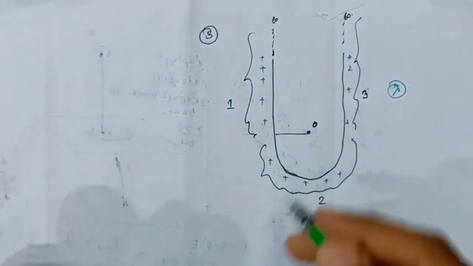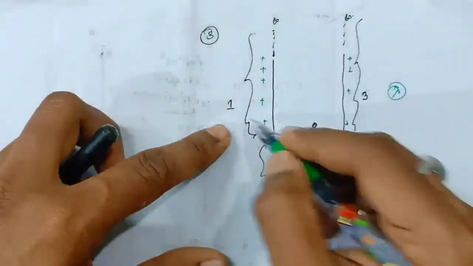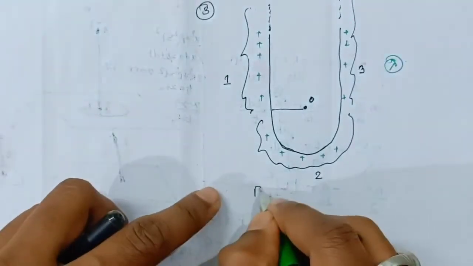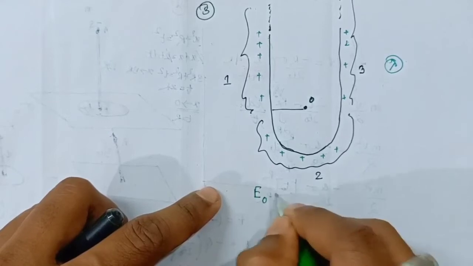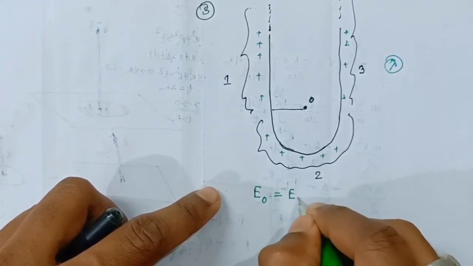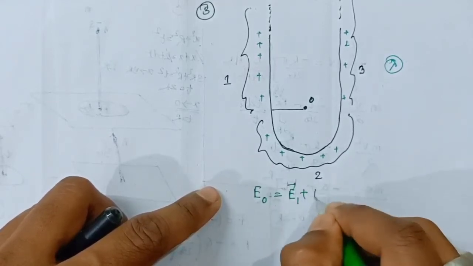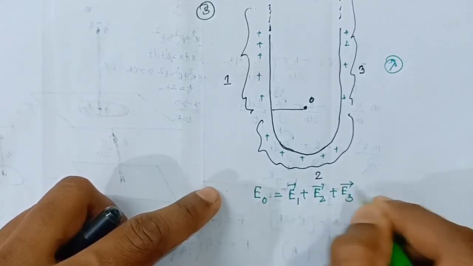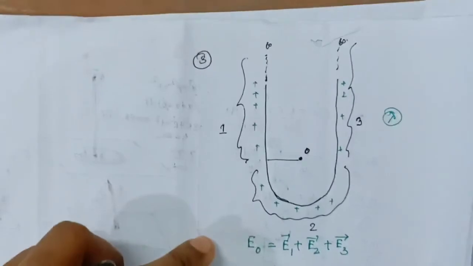A student usually has to think like this: the total electric field at center O is the electric field due to segment 1, plus the electric field due to segment 2, plus the electric field due to segment 3. This is the way a student has to break it.